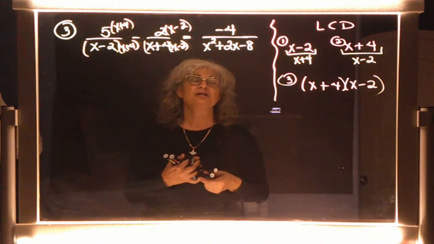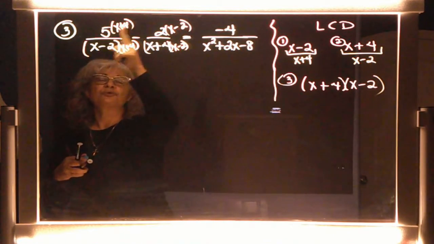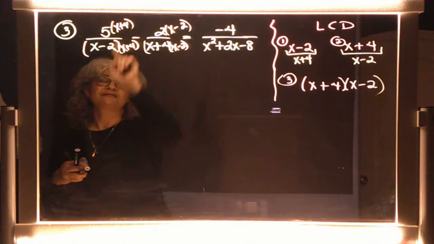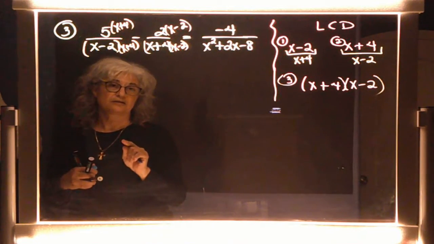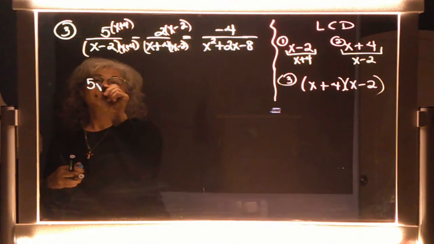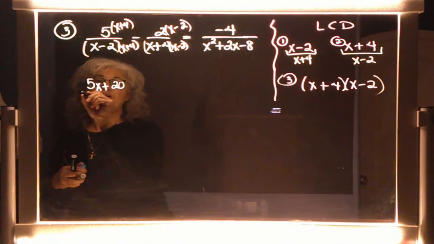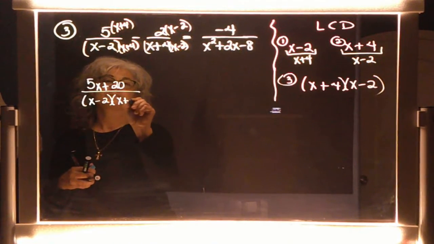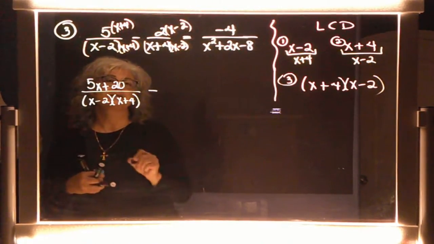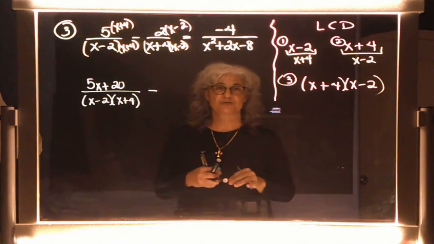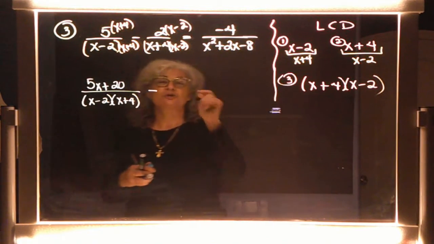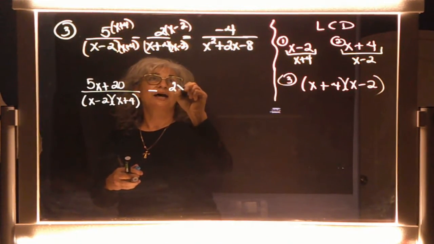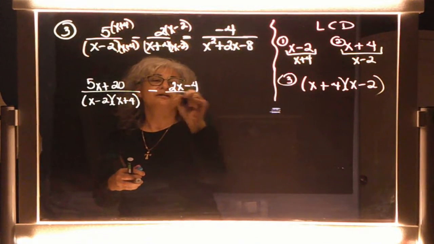When you do this, what's the numerator look like here? You're doing 5 times that parenthesis. What do you get? Good. 5x plus 20. Awesome. Over these two parentheses, right? Okay, and then I'm subtracting. What do I get here when I do that distribution? Good. I get 2x minus 4, don't I?